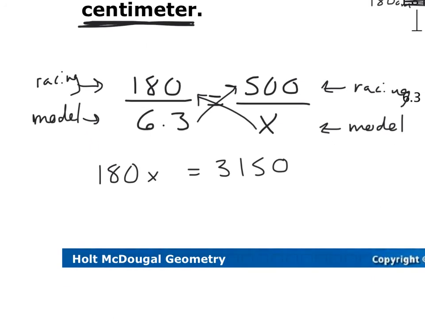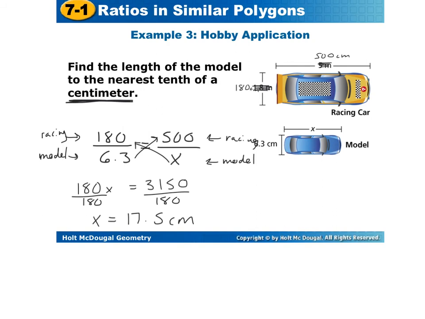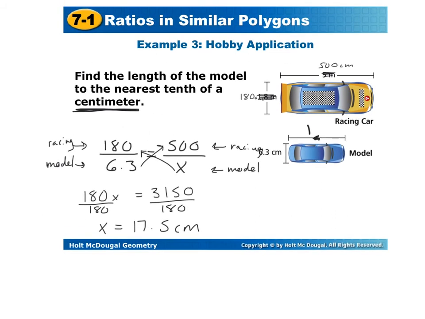So now what do we need to do? Divide by 180. And what do we get for x? 17.5 what? Centimeters. So our model car is 17.5 centimeters long.